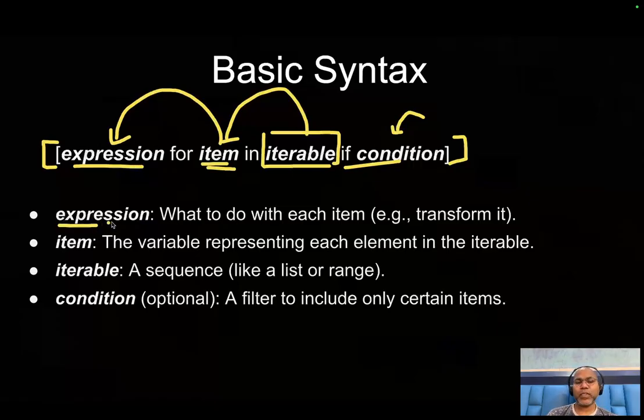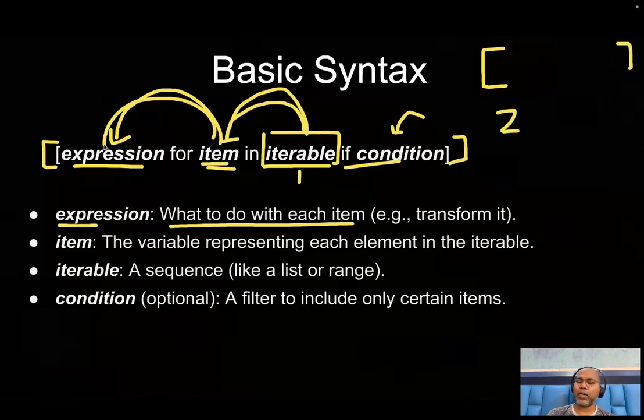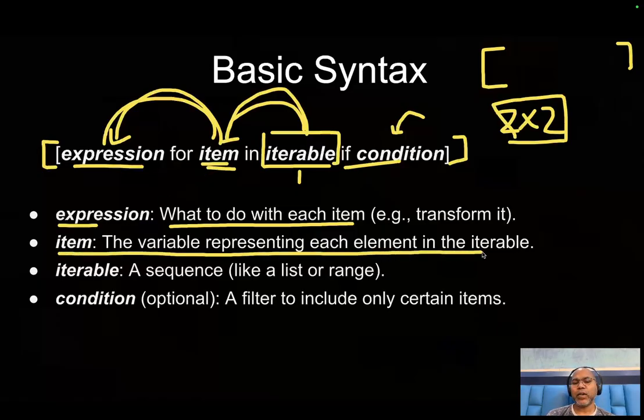So the expression is what to do with each element. For example, if you get the element 2 but you want a list of multiples of 2, you just multiply by 2. That is the expression you mention. The item just represents the element which comes from the iterable. The iterable can be a list, a range, or any collection.